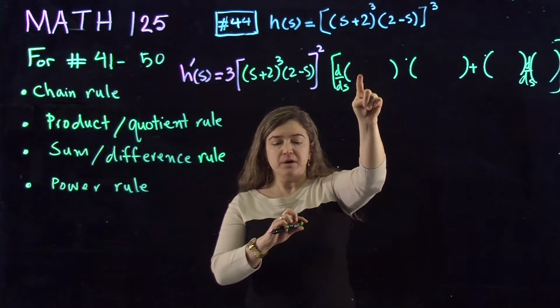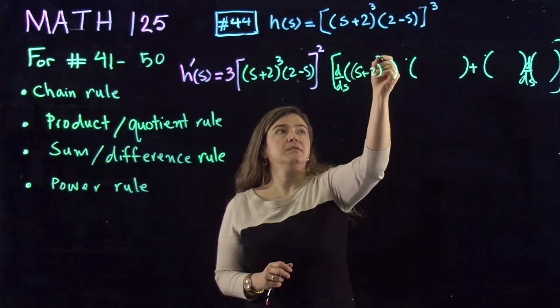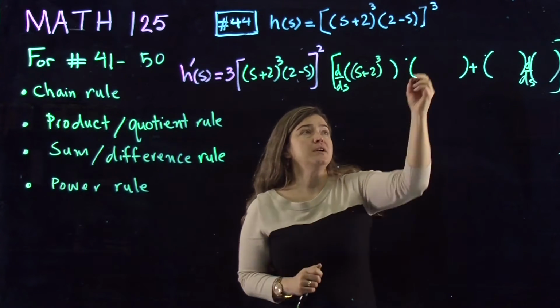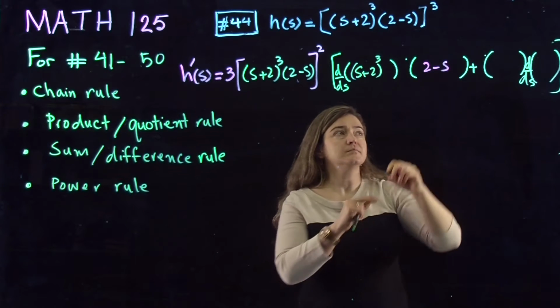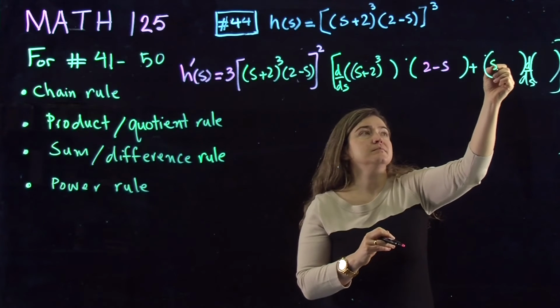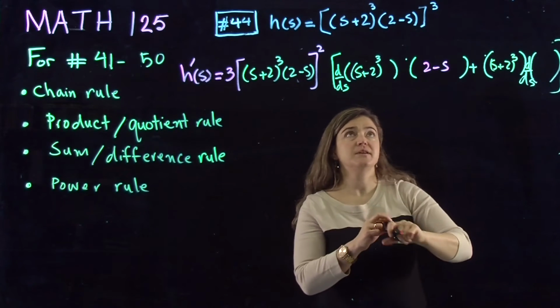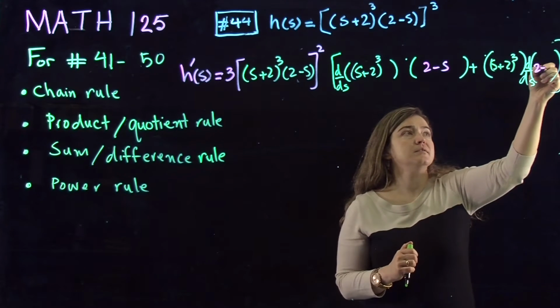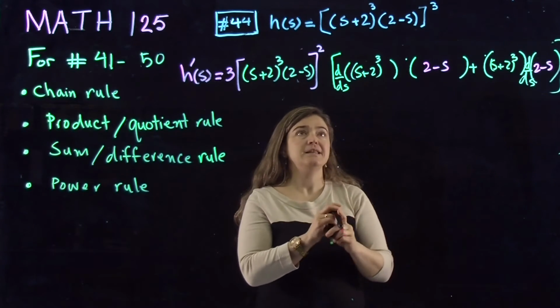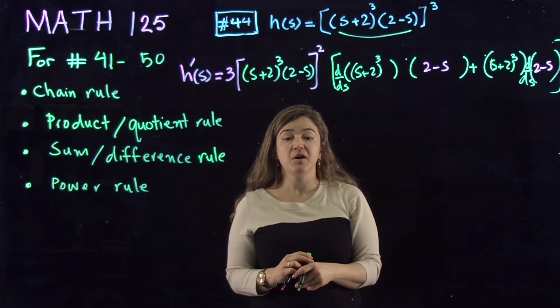Derivative of the first one times the second one, plus the first one times the derivative of the second one. And that is how we take the derivative of the inside.